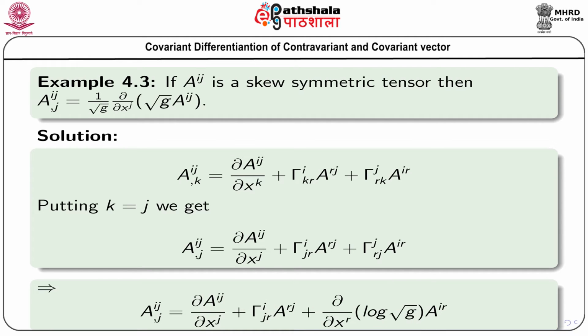Now, from the property of the Christoffel symbol, we know that gamma j r j has the expression del del x r log root g. So, putting the value, we get this expression.